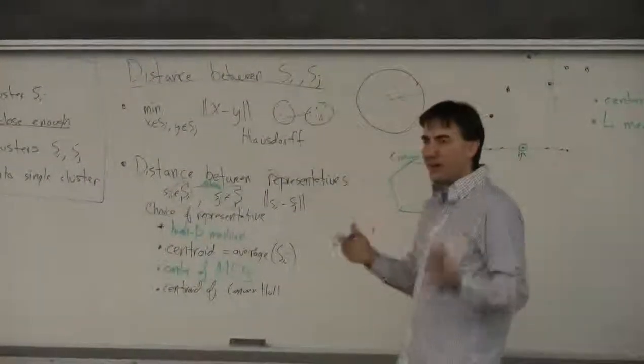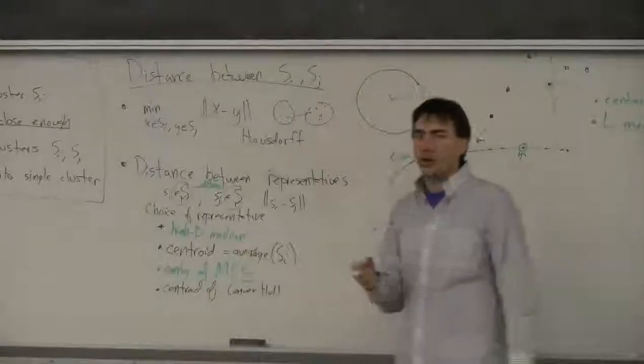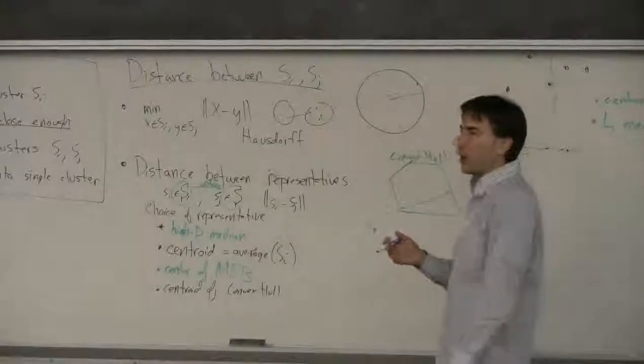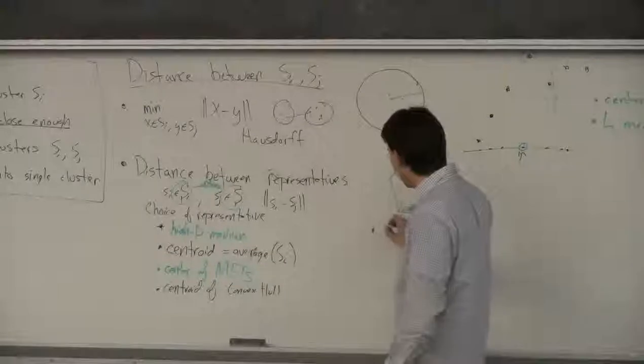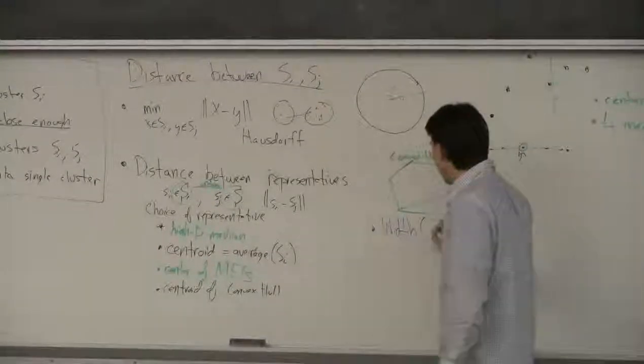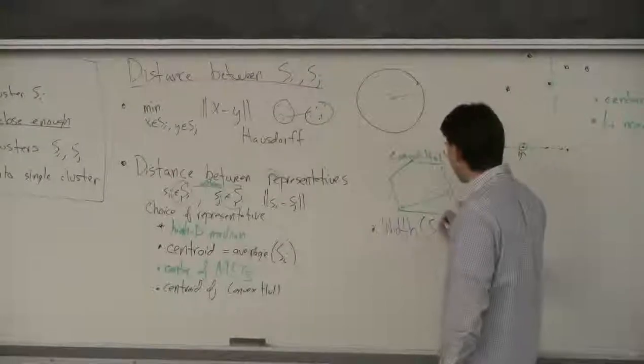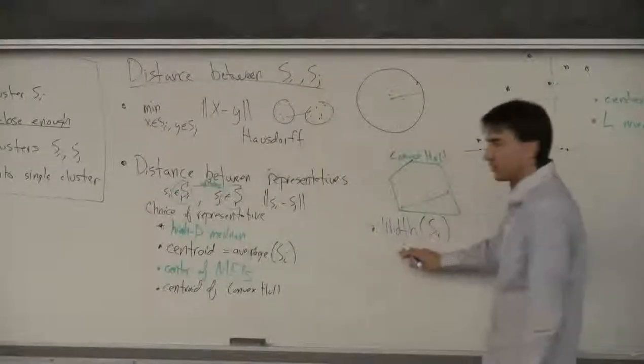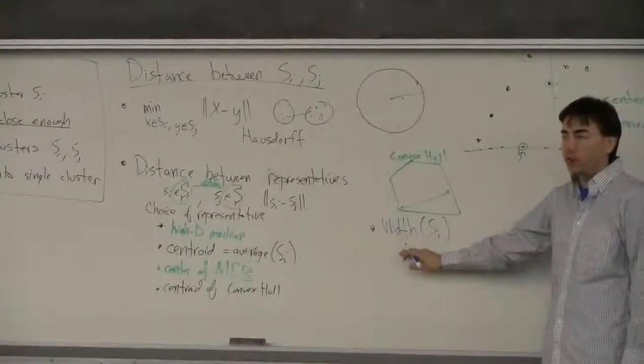We have to define this a little bit differently, but we do something like some way of measuring the width of a cluster, right? So I have the width defined of a cluster, and I want this to be small.